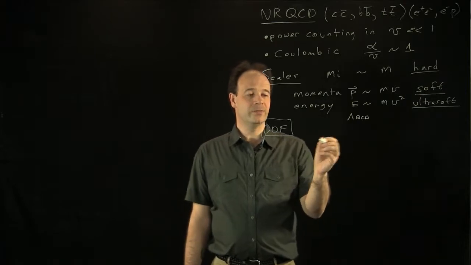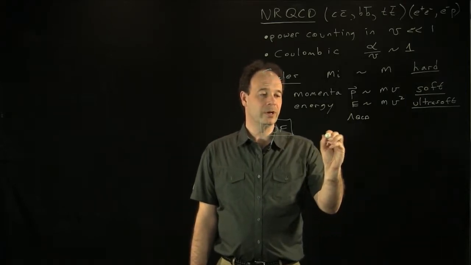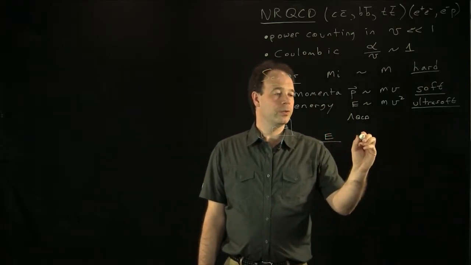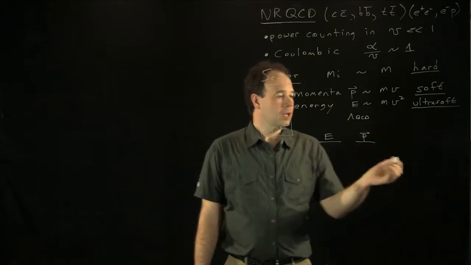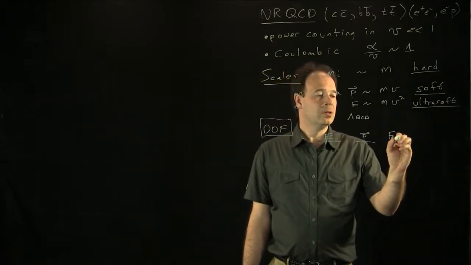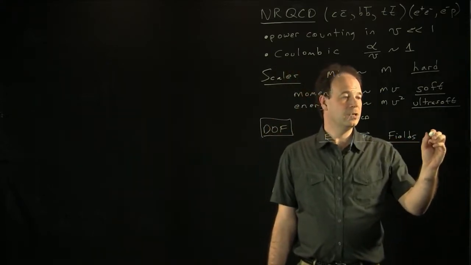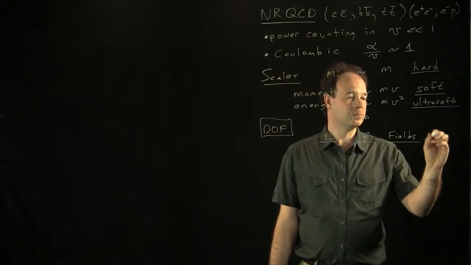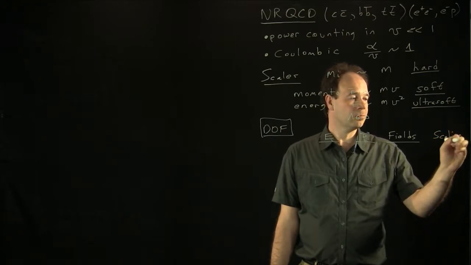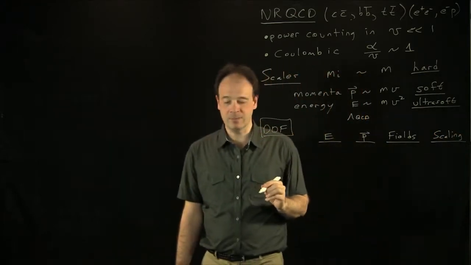We'll enumerate the degrees of freedom in the following way. We'll say, what are their energies? What are their 3-momenta? And then we'll say what fields are associated to those energies and momenta. And then what is their power counting? OK, so that'll be our table.